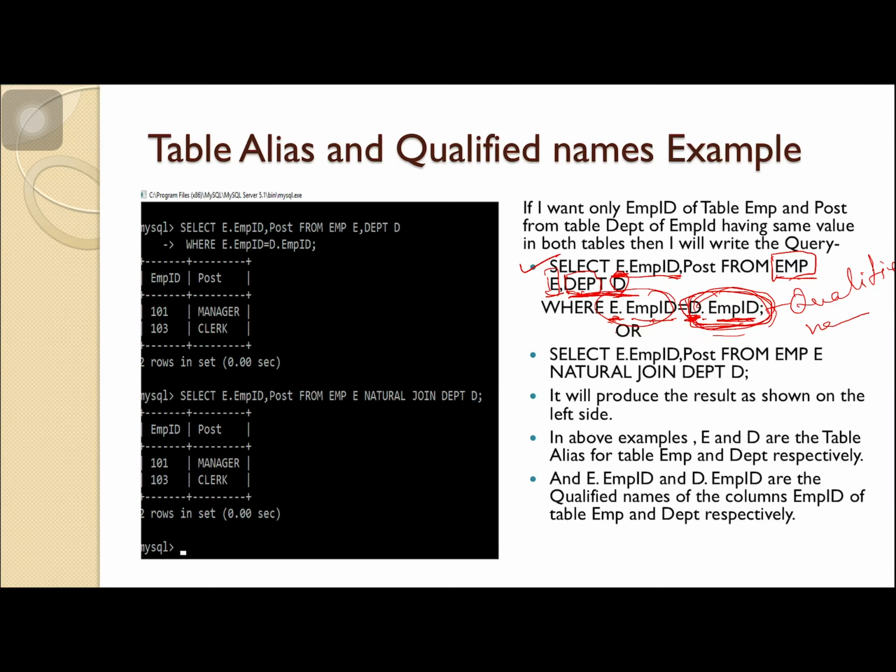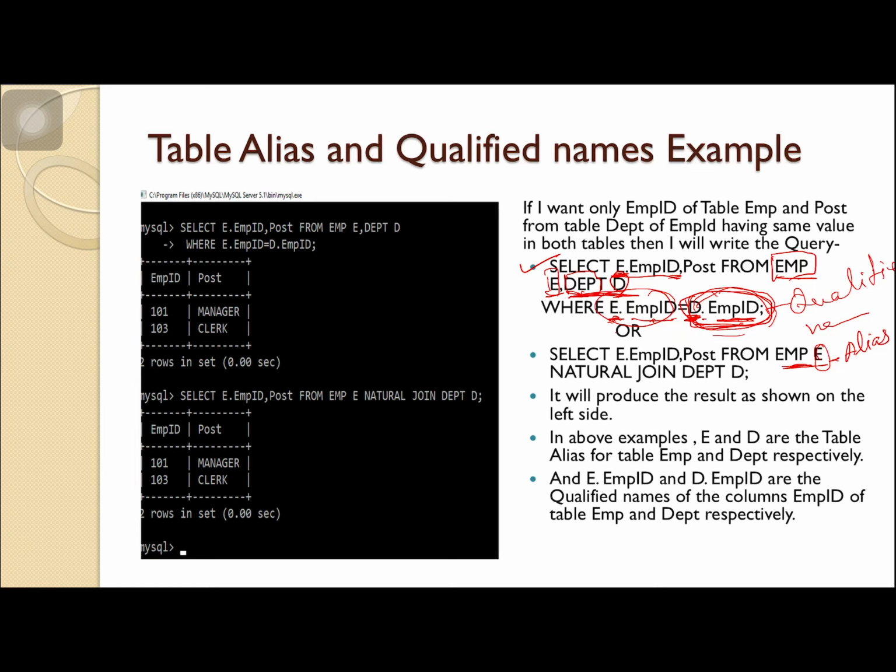And this department D or employee E, this is known as table alias. Okay. So for these table aliases, we have to give only a nickname after giving the name of the table. Okay.